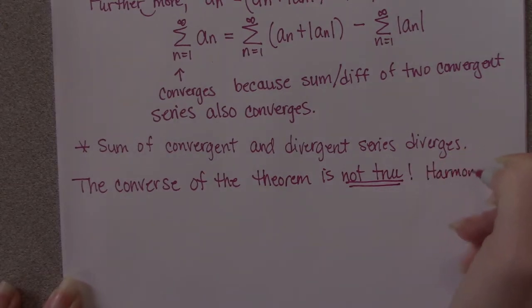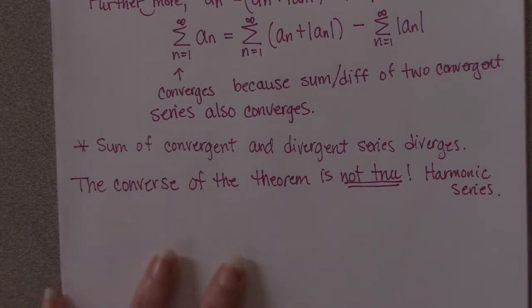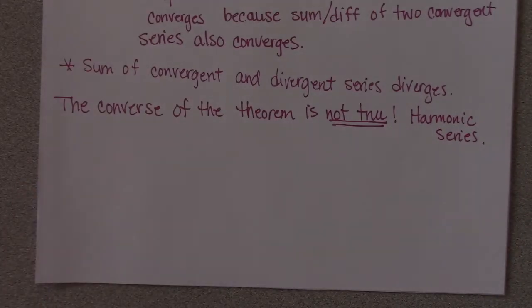And we know that already by looking at the harmonic series. What we mean by the converse is you can't say that because the alternating series converges, all the positive terms will converge. And the harmonic series, we already know 1 over n diverges. We've actually shown it diverges a couple of different ways.